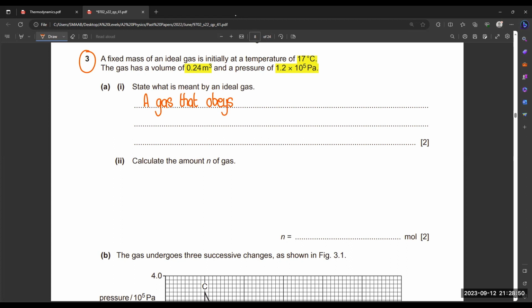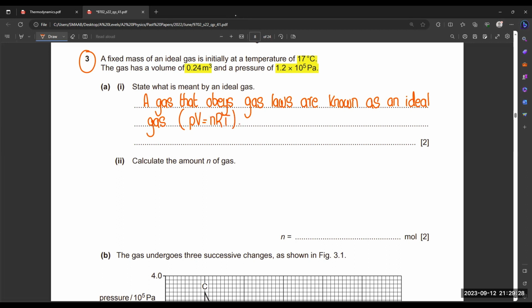A gas that obeys gas laws is known as an ideal gas, because we use the equation PV equals nRT.